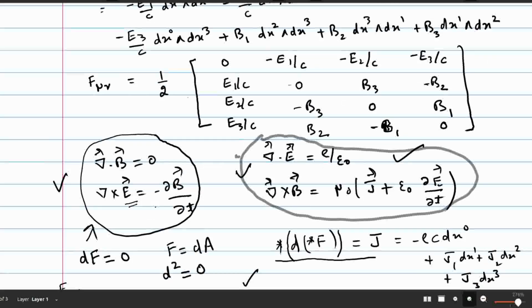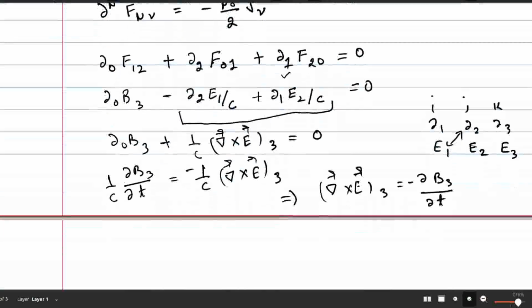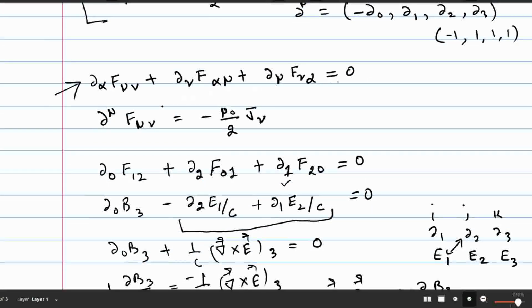And if we take alpha to be 0 and mu and nu to be 1 and 3, then we get the second component of this equation. So all three components of this equation can be obtained from this equation here.